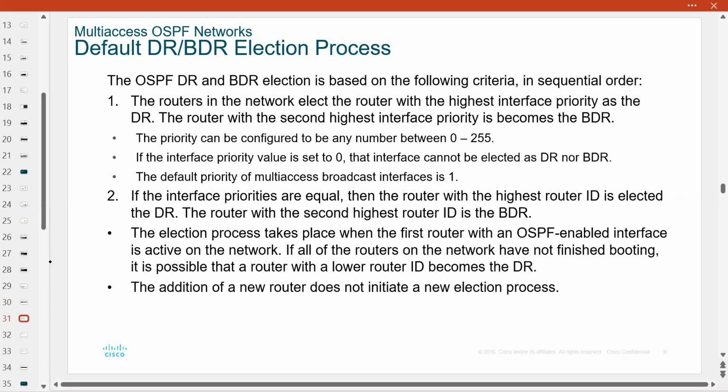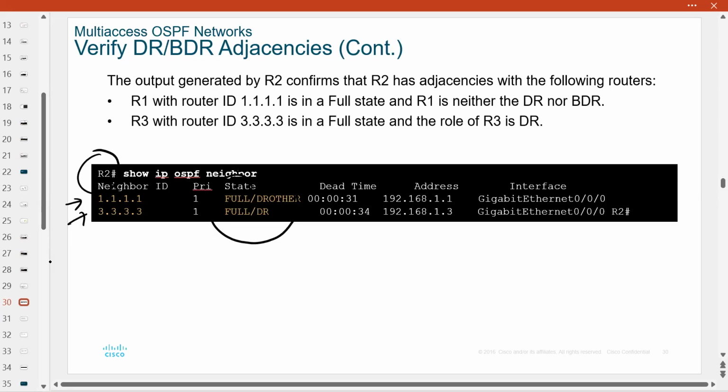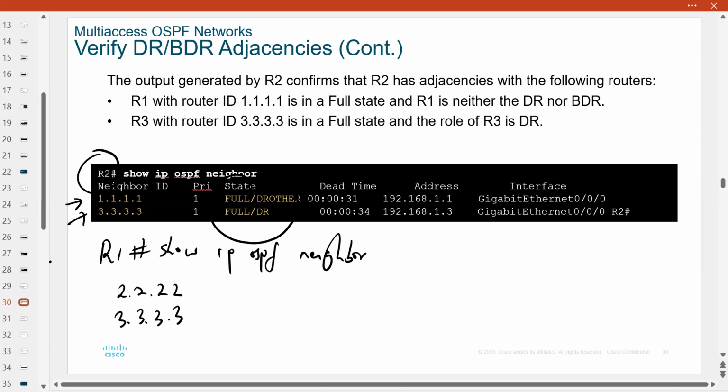Okay, there are no other examples there. Let's go to ARA1 and show IP OSPF neighbor. What will it look like? So we have the neighbor ID here. We have 2, 2, 2, 2. We also have 3, 3, 3, 3. ARA1 is a DR other, right?